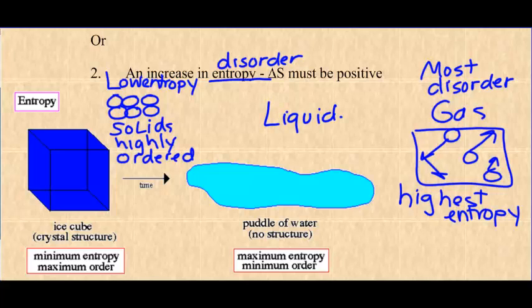Because they're not ordered like solids. Remember, your liquids are your ballroom dancers. They're not ordered like solids. They're free to move about, but they just don't have as much crazy motion as a gas. So, solids have the least entropy. Gases have the most entropy. As you proceed this way, entropy goes up.